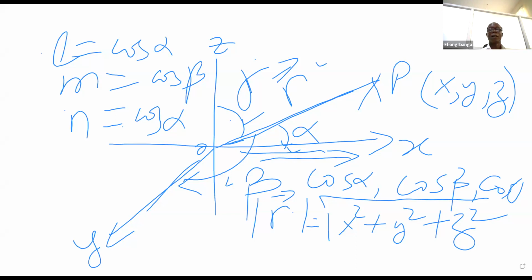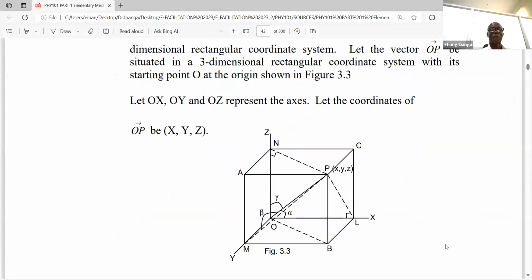Okay, it's here. You can see that this is not done the way I wanted. Let me share it with you. Did you see it now? Can you see this one now?